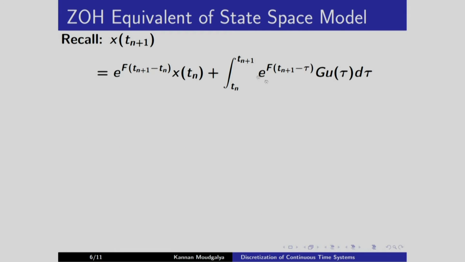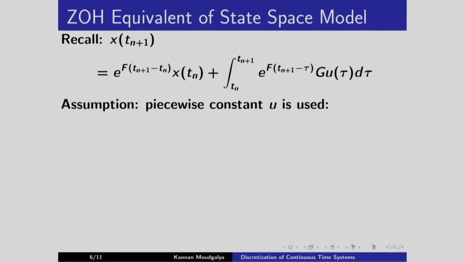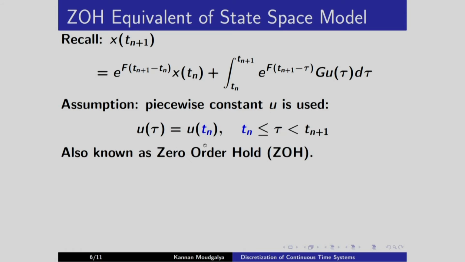Let us start with this, and we will make the assumption that u is piecewise constant. Remember, we also called it the zero order hold. So as a result, we hold the input variable u constant over the interval Tn to Tn plus 1.